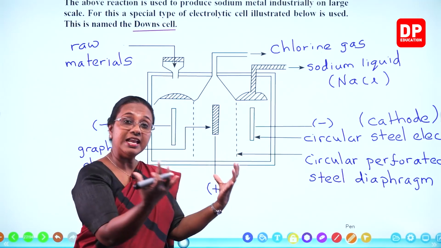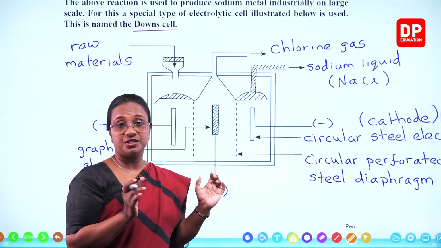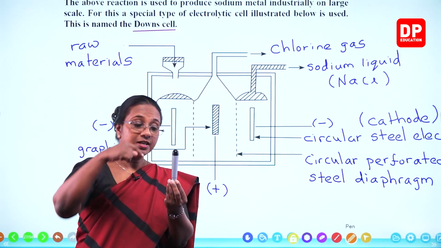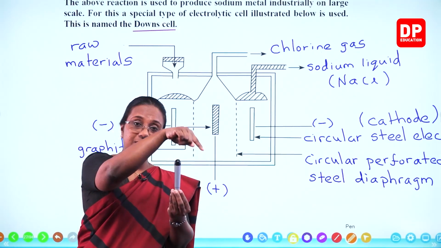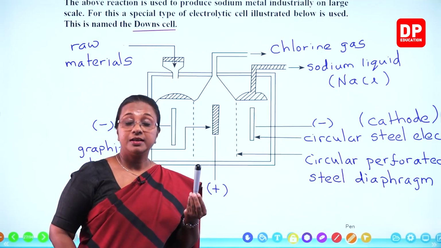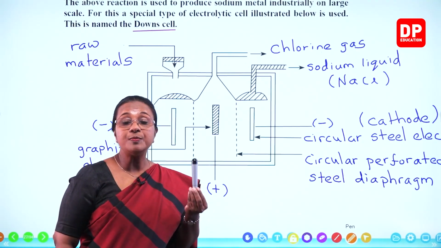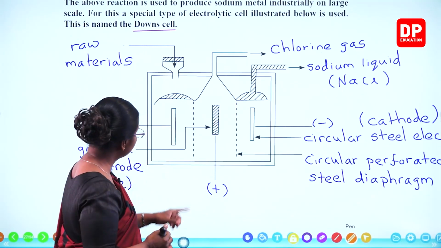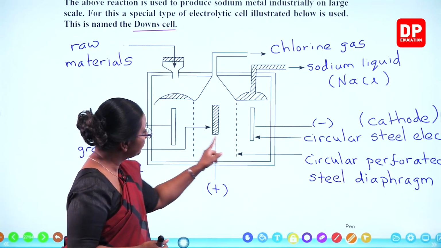The cathode again is a circular structure. So like I said, anode, then you have a circular perforated diaphragm. Around that you have a circular cathode that is also made up of steel. That is why you see the negative electrode in two places.